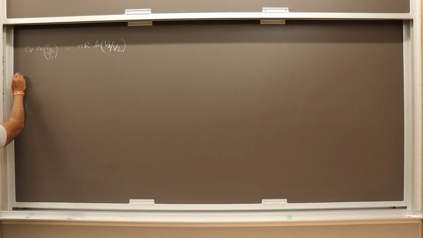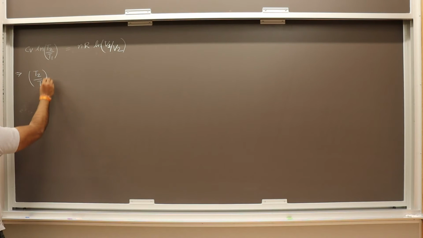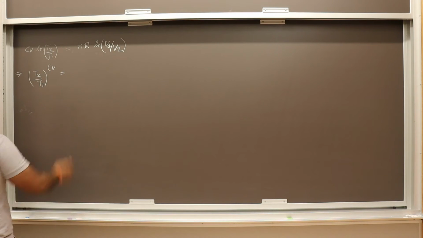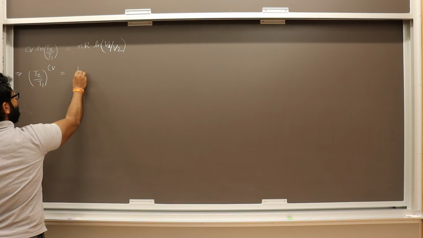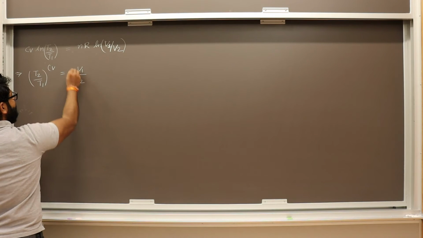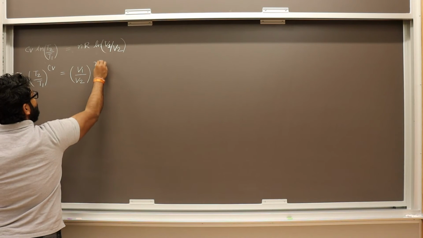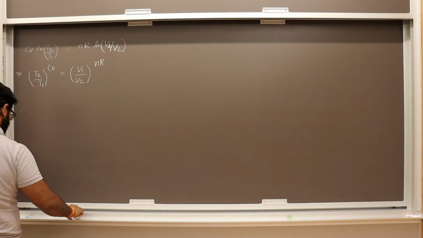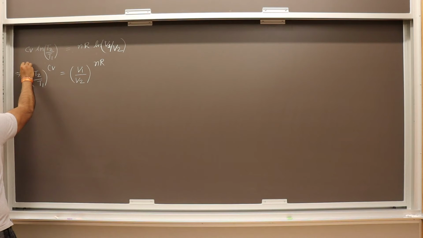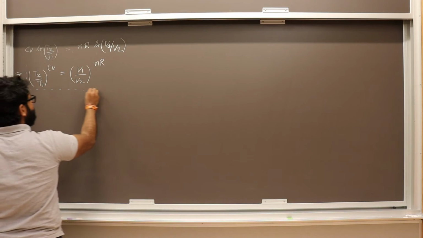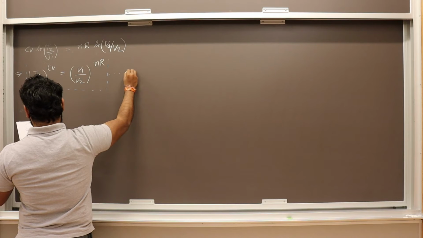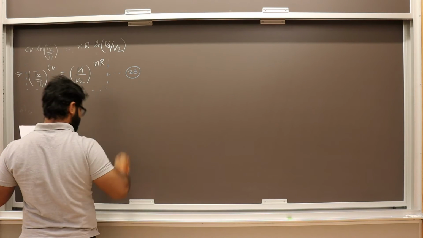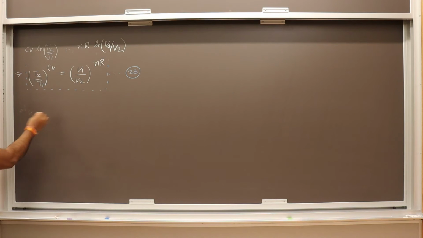Now, if we remove this ln sign, what it becomes is T2 by T1 to the power Cv. And since both are natural logs, I can do this. And in here it becomes V1 by V2 to the power nR. Now, I'll call this equation 23. Okay, we'll simplify it further.